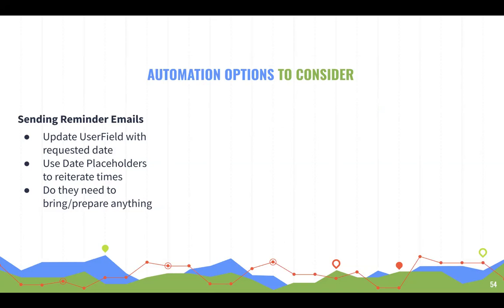You can also update contacts' user fields with information, for example, the date that they requested to talk to you. There's also a list of placeholders that you can add into your emails, which will help iterate the time, location, or just any information leading up to this appointment. A list of the date placeholders can be found within the help section. Otherwise, reach out to our team and we'll be happy to send it over as well.